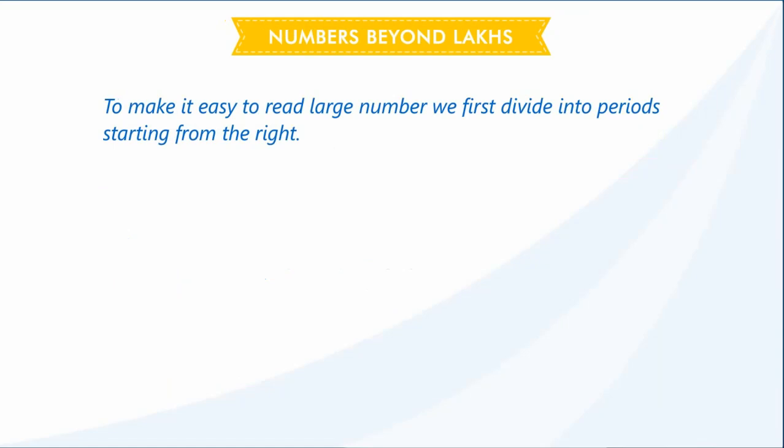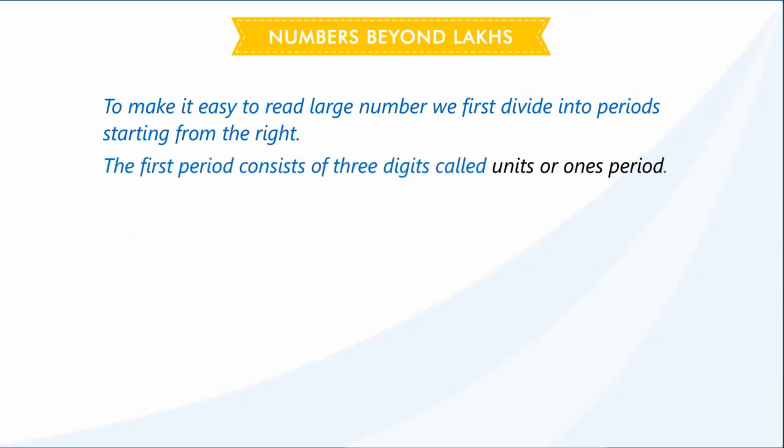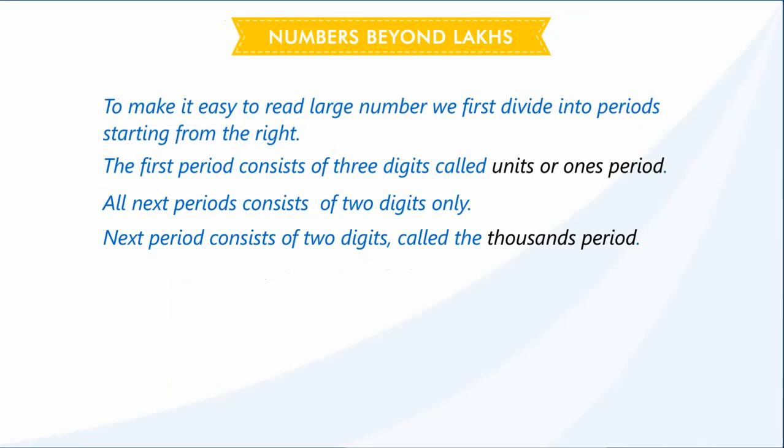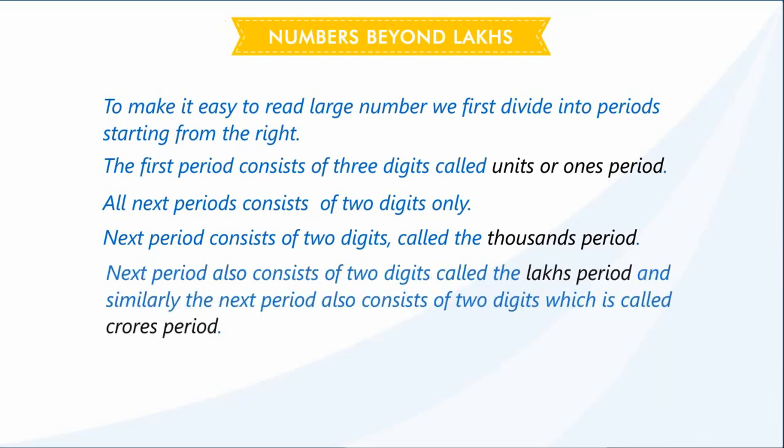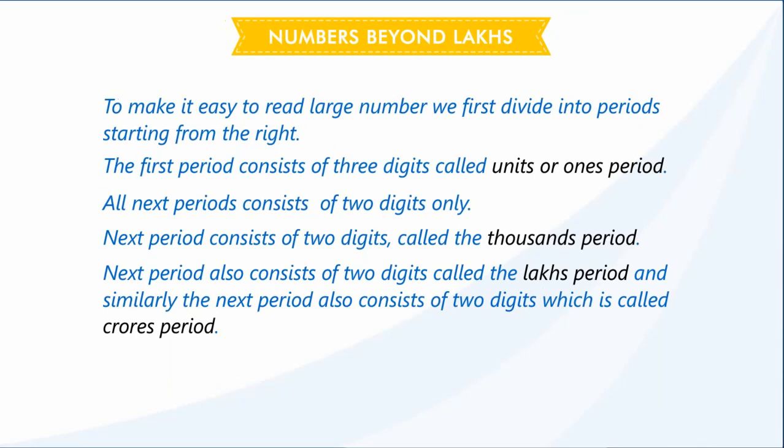To make it easy to read large numbers, we first divide them into periods starting from the right. The first period consists of 3 digits, called the units or ones period. All next periods consist of 2 digits only. The next period consists of 2 digits, called the thousands period. The next period also consists of 2 digits, called the lakhs period.